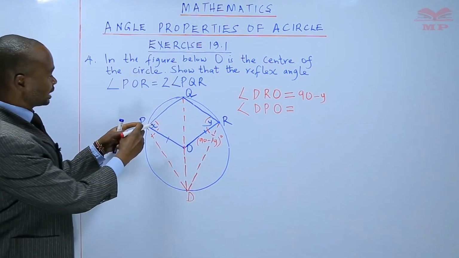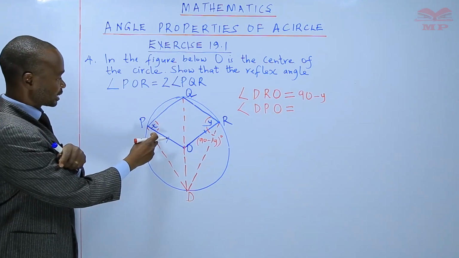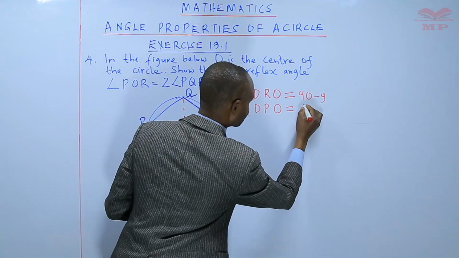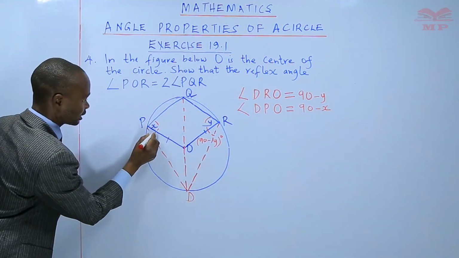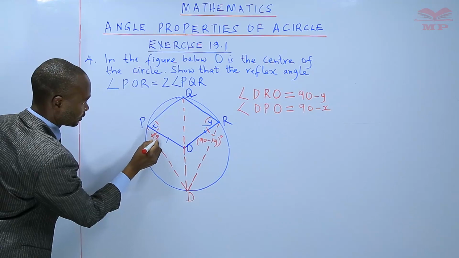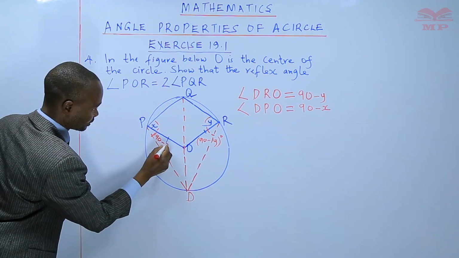It will be equal to 90 minus x. I'll get that angle, isn't it? It is 90 minus x. It is right here, this angle, minus x.